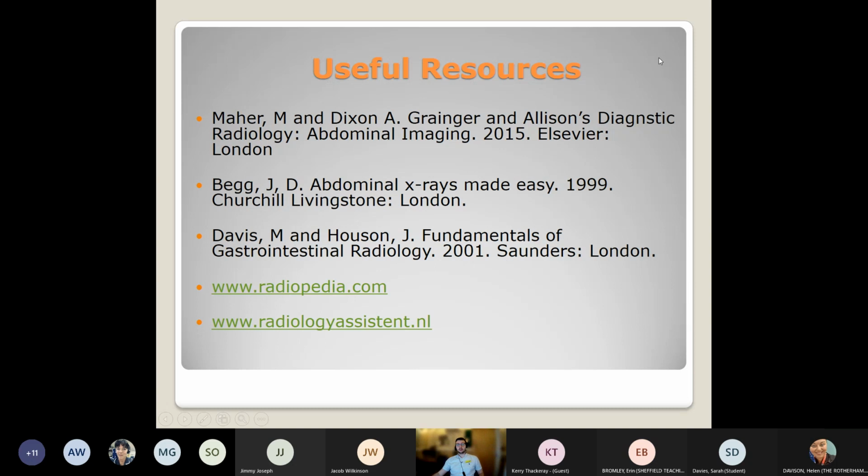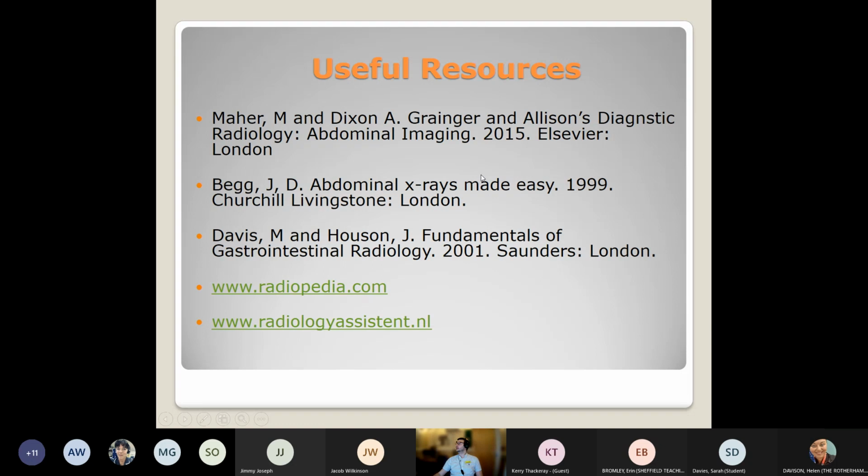Okay, so that's it. I've put a few resources up here. These are good websites for classic imaging examples. The information is okay, more so on Radiopaedia, but they're very good for your classic X-ray examples, so do go on there and have a look. There are some books. This one's a very good book to go over the basics, and it's quite cheap to get hold of.